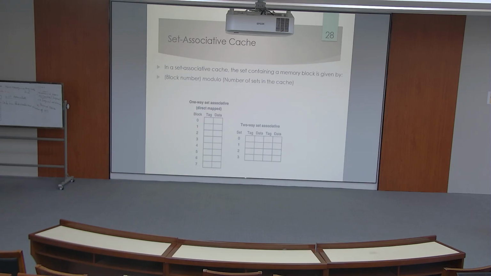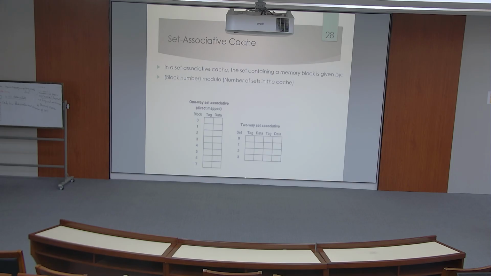So we have one-way associative. That is the direct map. We have 8 cache lines. Then two-way associative, you see we have two ways in each set. In set number 0 we have two ways: tag data, tag data.